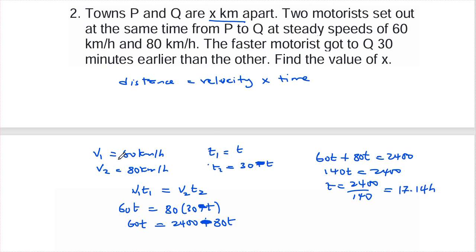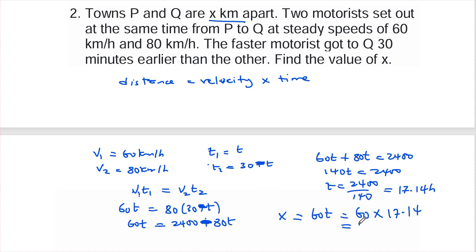Let me do that with my calculator. 2400 divided by 140. The time T is 17.14 hours. That's the time it took the V1 motorist to get there. So now the distance X can be any of them. It can be V1 T1 or it can be V2 T2. Let me use V1 T1.